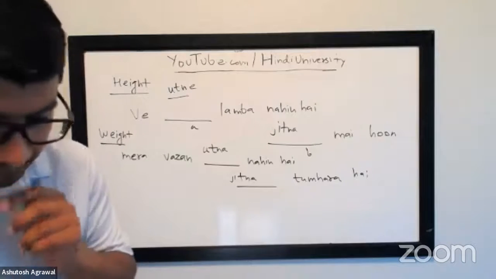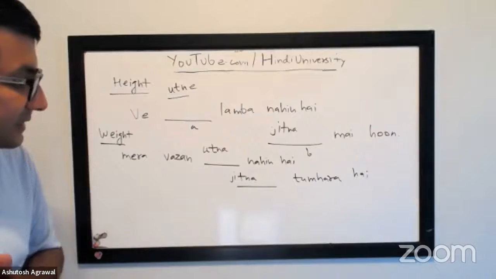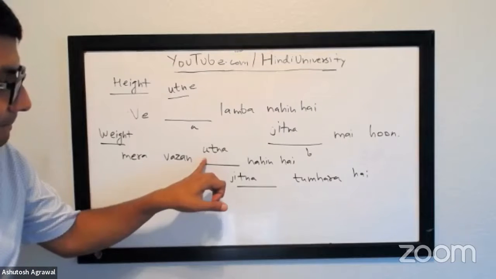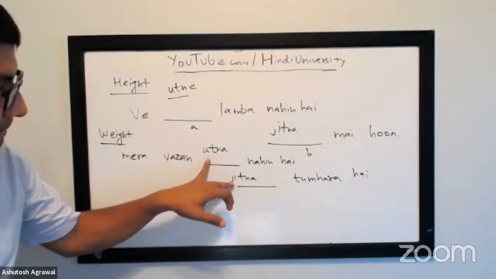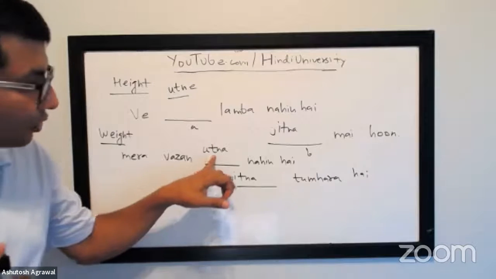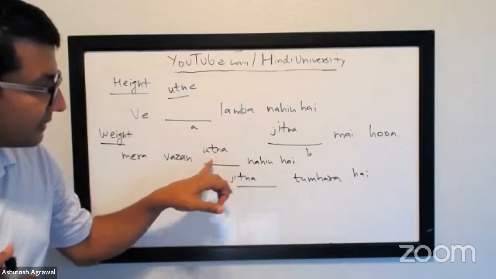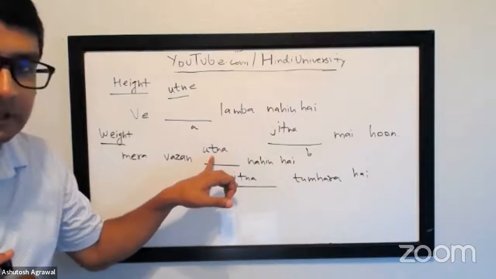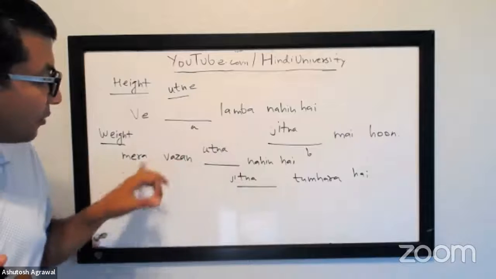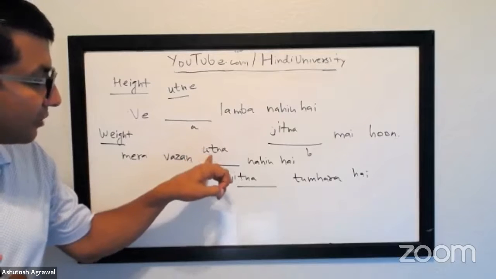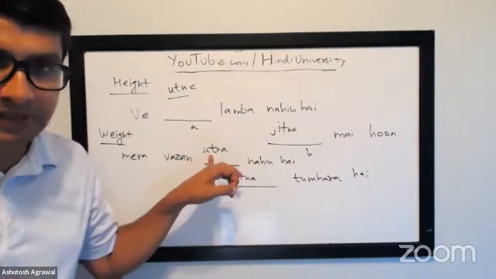Let me just ask a quick question here, Ashuji. Yeah, please. The first one where you have written utna, but I had said utni. Yeah, so vajan is considered like, the mera vazan, you're talking about my weight, right? It's not like female per se, right? I mean my weight.